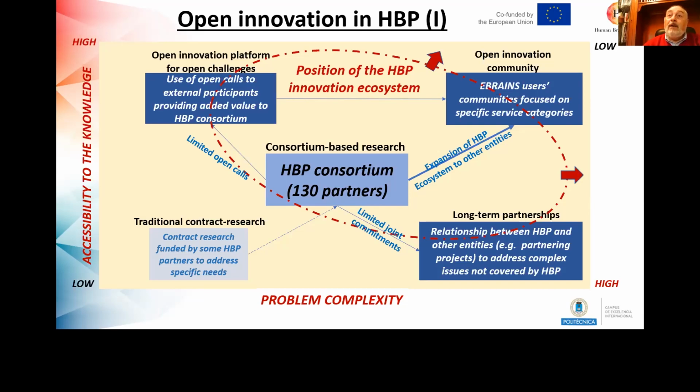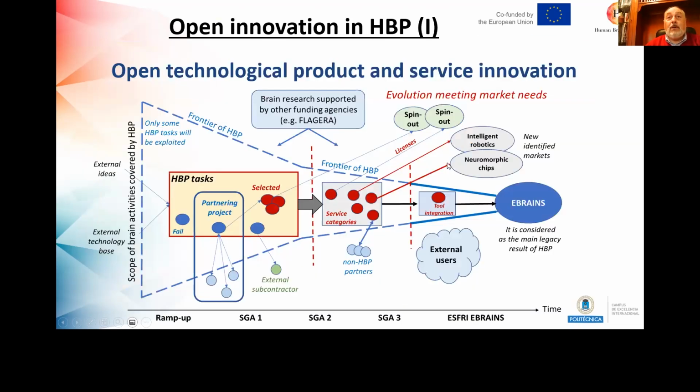And we are even expanding these kinds of things in cooperation with other brain initiatives around the world. At the end, even in these cases, which are practically an HBP consortium, we are also moving to have agreements with others. I have put the open innovation scheme here, just focusing on HBP, where we have spin-outs.